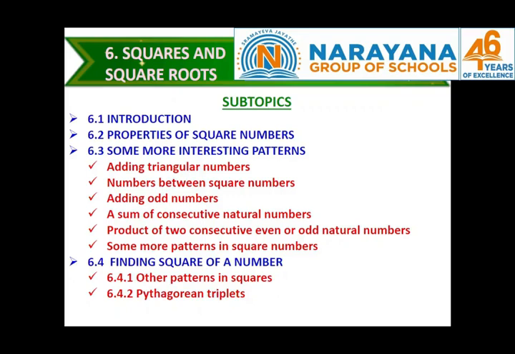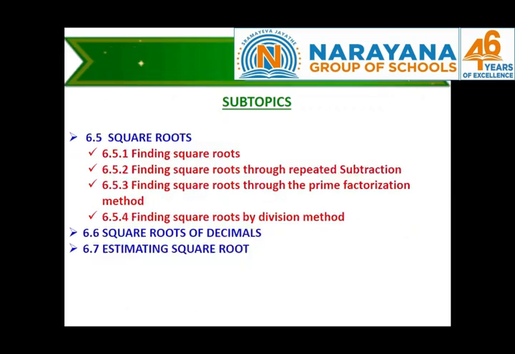6.4 Finding square of a number. There are two subtopics: other patterns in squares and Pythagorean triplets. 6.5 Square roots. There are four subtopics. First one is finding square roots.